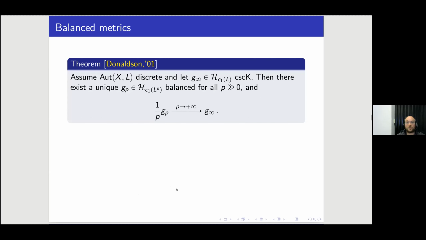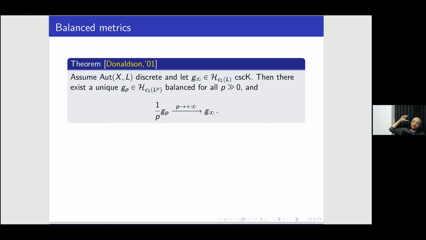So we have our notion of a finite dimensional canonical metric, and this is a fundamental theorem of Donaldson, which tells you that if the automorphism group of X and L is discrete, and if there exists a constant scalar curvature metric, then there exists a unique up to automorphism balanced metric GP for all P, because the balanced condition depends on P, and these metrics appropriately rescaled, to be in HC1L, converge to the constant scalar curvature metric when P tends to infinity, right?